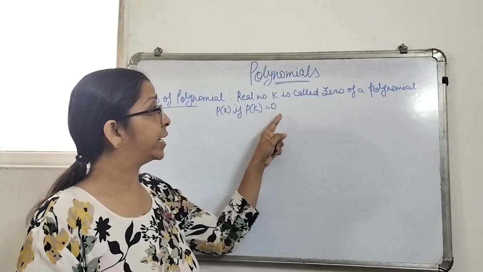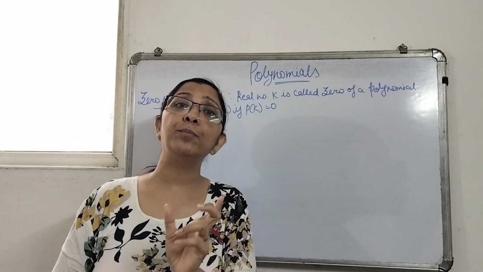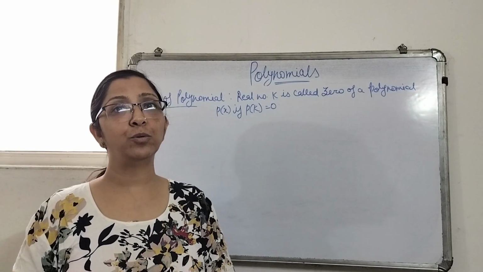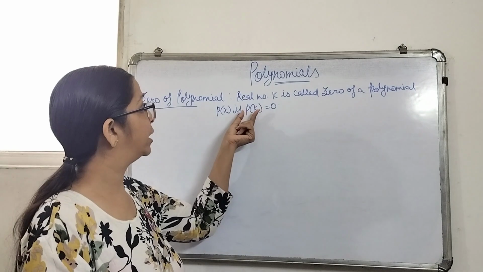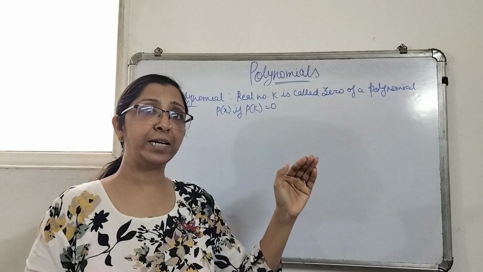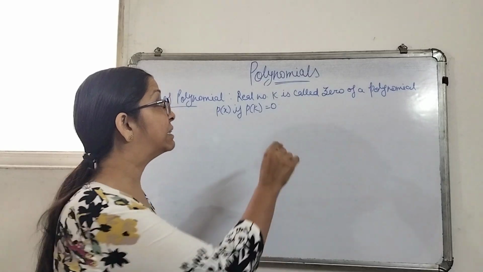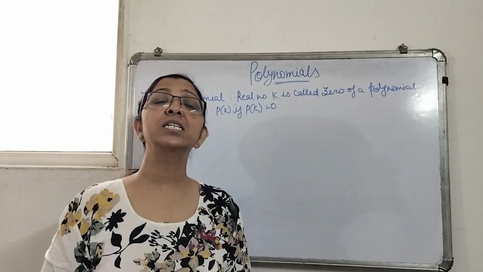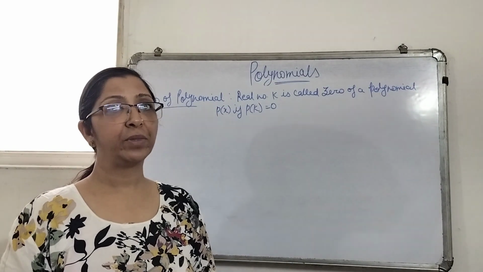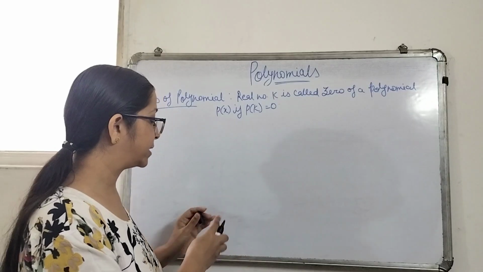The value of k for which the value of the polynomial becomes 0 is known as a zero of the polynomial. Let's understand this by an example.